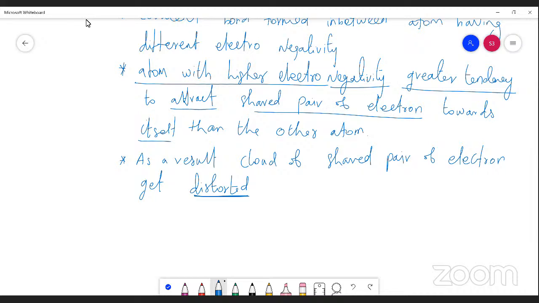As a result, the cloud of the shared pair of electrons gets distorted.